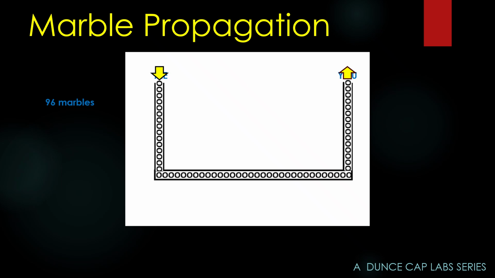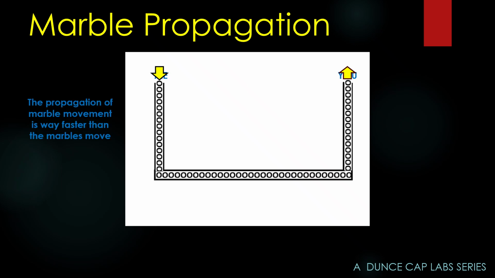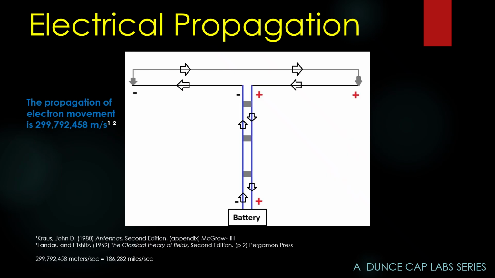No, because each marble pushes the next marble, and the marble falls out at your end at the same time I'm pushing my marble in. So the propagation of marble movement is way faster than the marbles themselves move. It's the same thing with electricity. Electricity is the propagation of electron flow, not the actual flow of the electron so much.